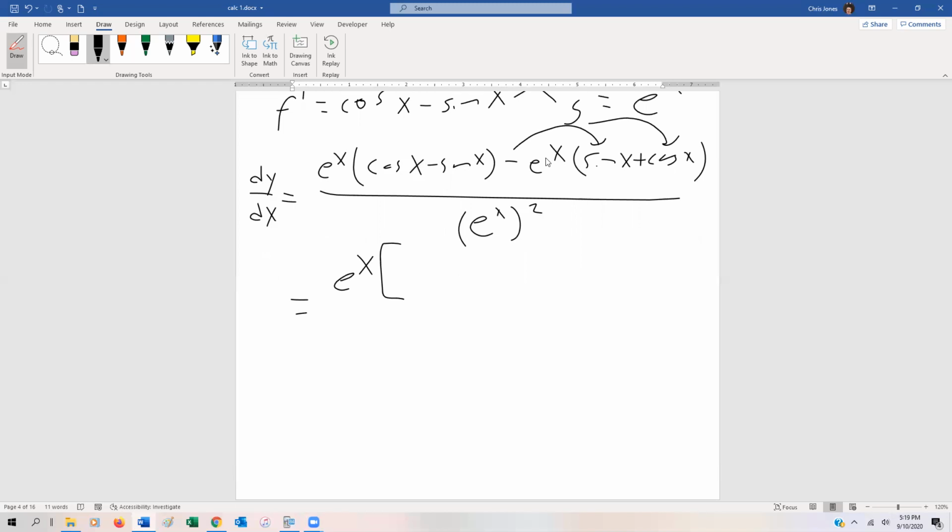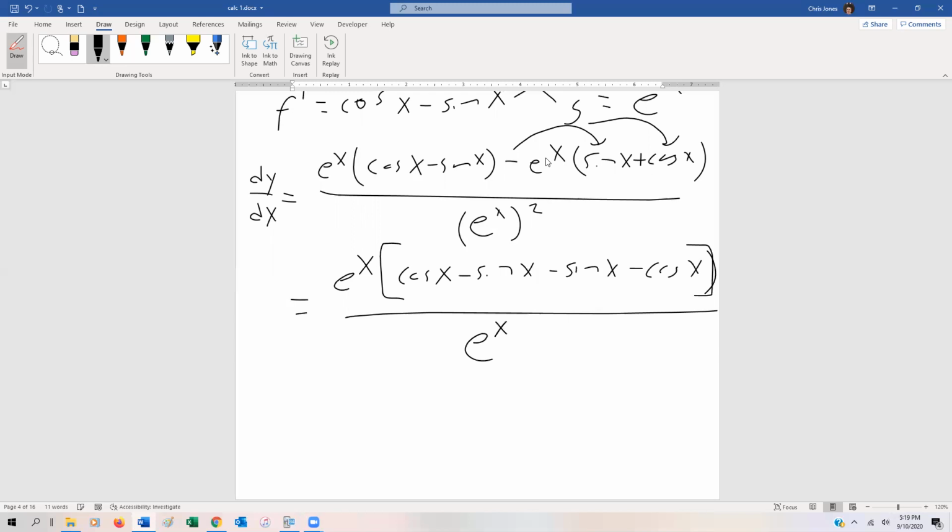What we'll end up with is cos x minus sine x, and then minus sine x minus cos x, and then we divide all of that by e to the x squared. Another way to write e to the x squared would be e to the 2x, but I'm not going to write it like that, to keep it intuitive as to what we do after we simplify.